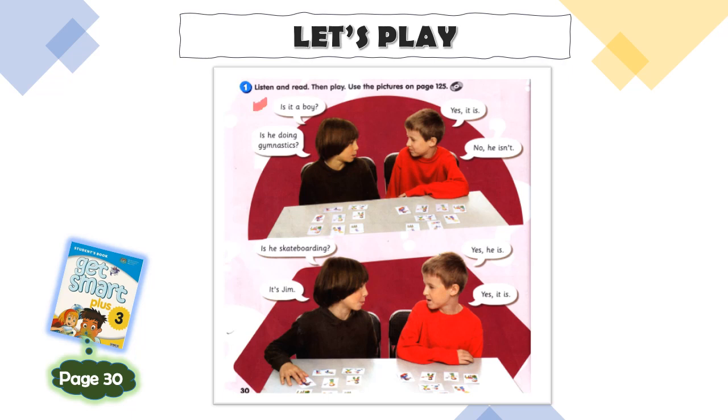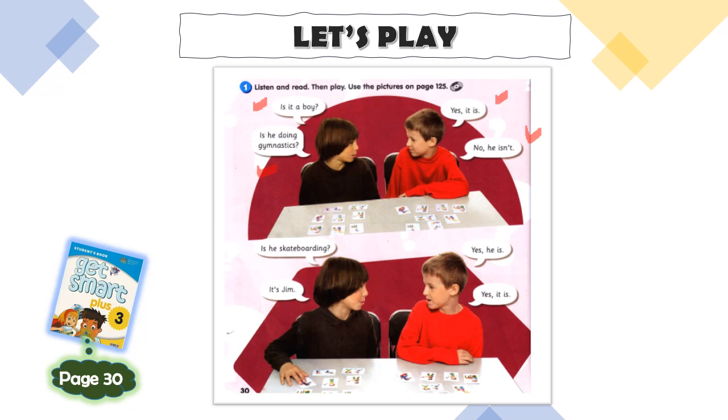Then your friend will look at the picture on your textbook then say, yes, it is. So you ask another question. Is he doing gymnastics? Then your friend will refer to the picture and decide whether it's a yes or no reply. Then the answer will be no, he isn't for negative reply and yes, he is for positive reply.